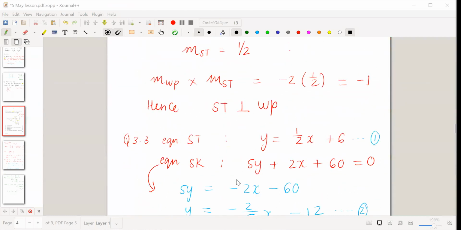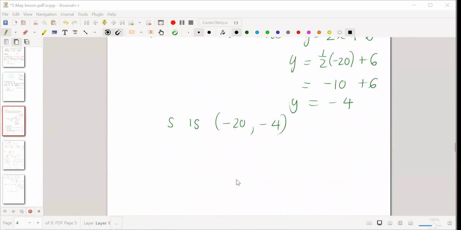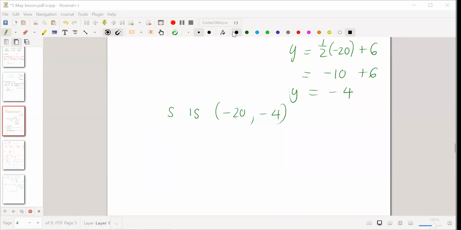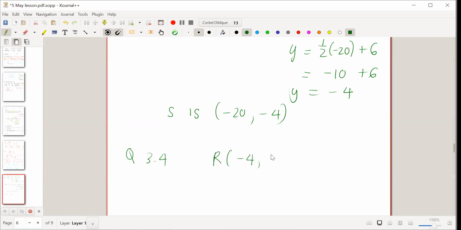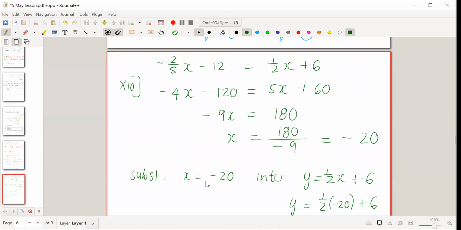I'm going to scroll back down to where we were doing the calculations. So this is now question, I've forgotten, I think it's 3.4. R is -4, comma y. And we've got the equation of SK. I think we had rewritten it in a different way.